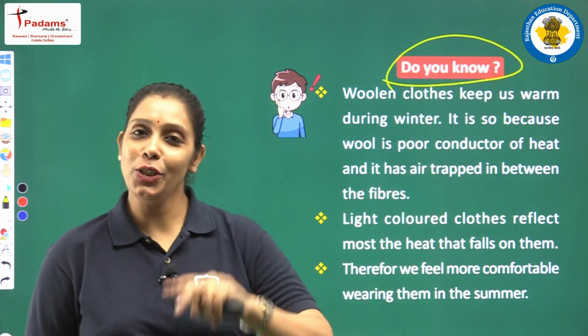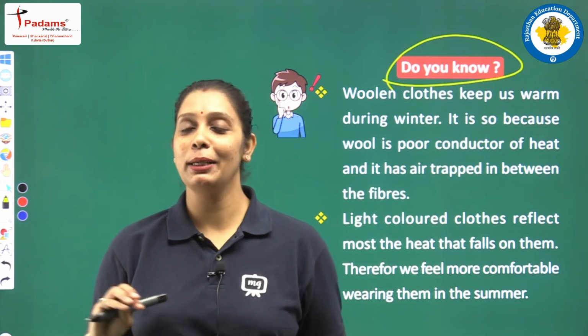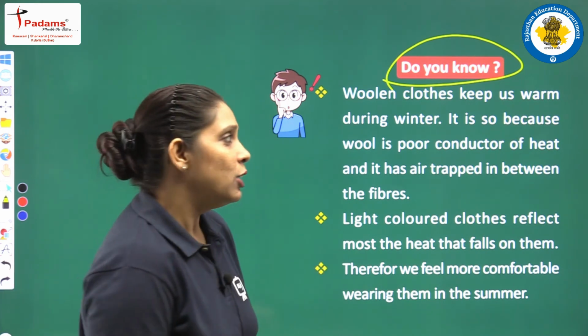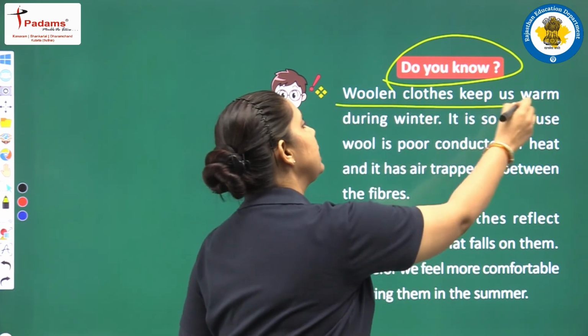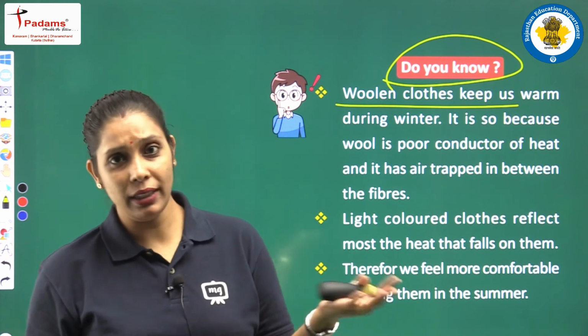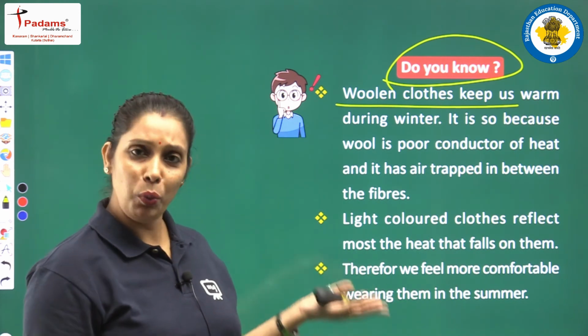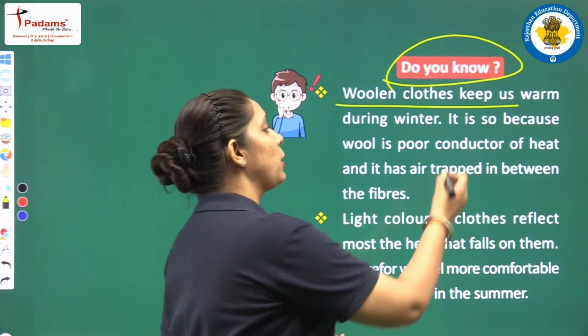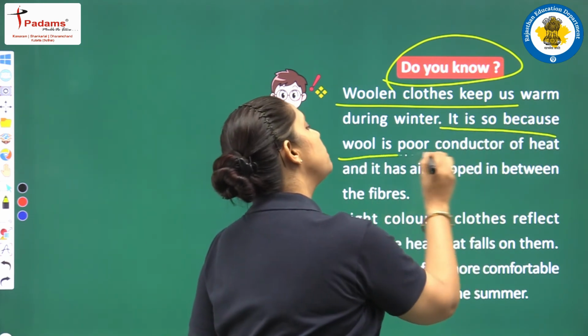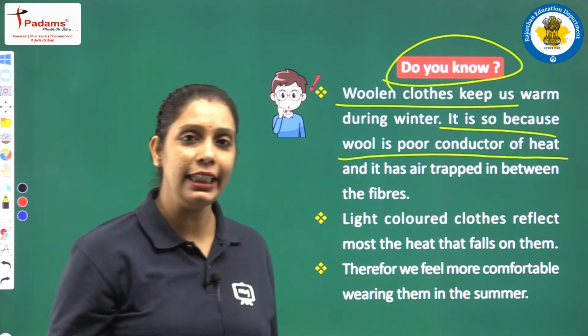ओके स्टूडेंट्स, let's talk about the very interesting section of our video, that is, do you know? Yes, in do you know we are just having some interesting facts. Students, woolen cloths keep us warm. Yes, everybody knows. ठीक है, that's why we wear them in winter season. It is because wool is poor conductor of heat.